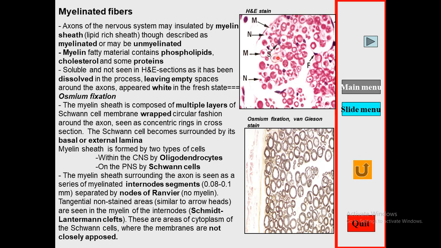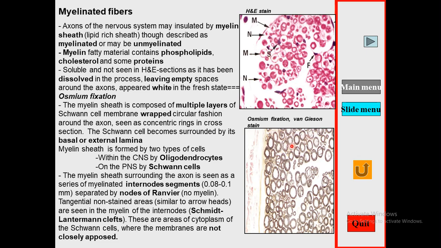We said that myelin is composed of phospholipid, protein and cholesterol. During H and E stain or protein stain it usually dissolves. For that it appears as a white area, and in the middle we have the axon.